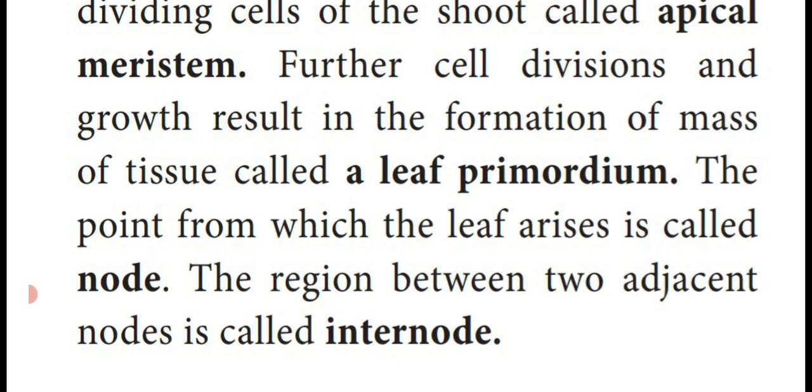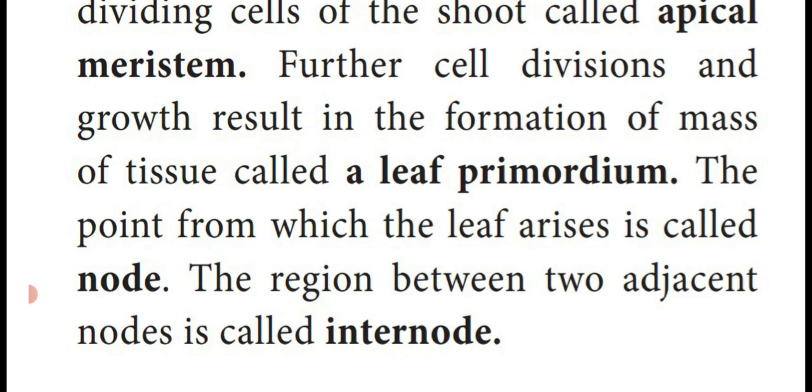Then the region from which the leaf arises from the shoot, main axis or stem is known as nodal region. It's an important 2 mark question: define node or differentiate between nodes and internodes. Dear students, kindly see the words given here.